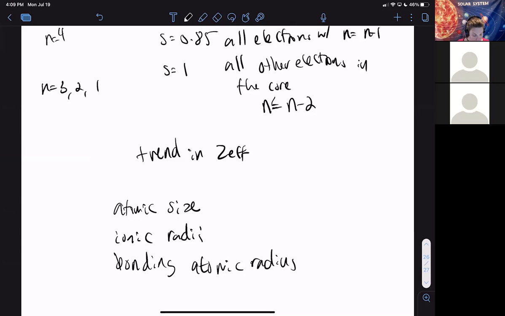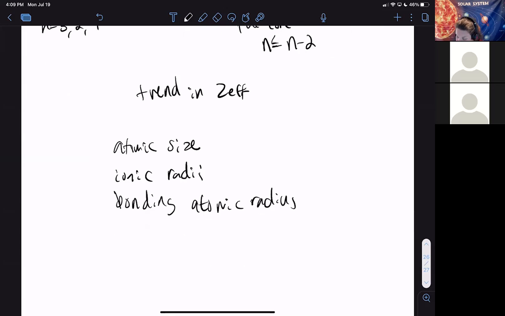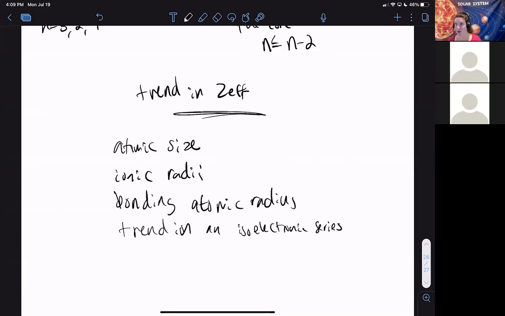You should know the trend in an isoelectronic series. And all of this you should be able to relate back to Z effective.